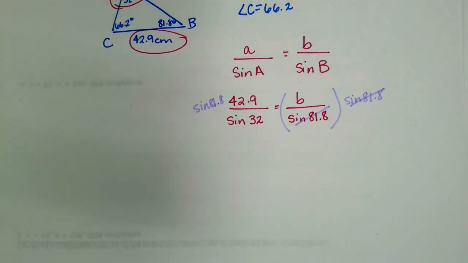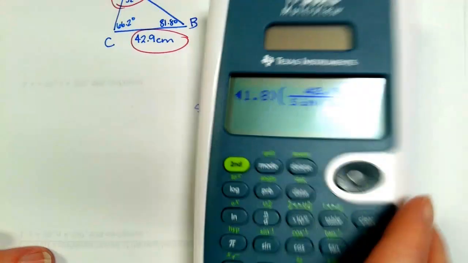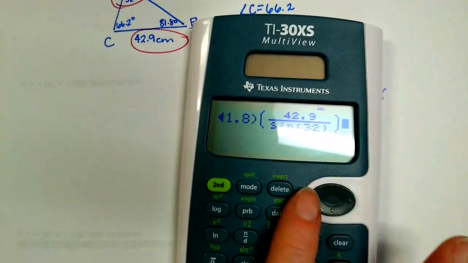So let me type it in, and then I'll show you what I'm putting in. I'm obviously in degree mode, so you probably need to check just to make sure you're in degree mode. So I just typed it in literally like it was on my page.